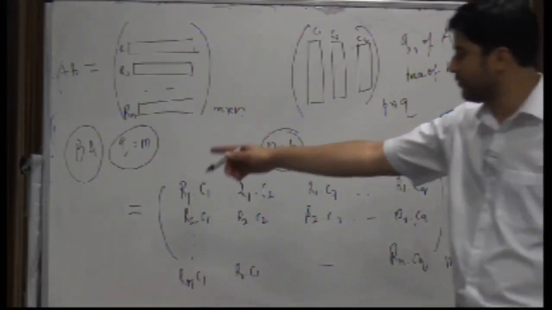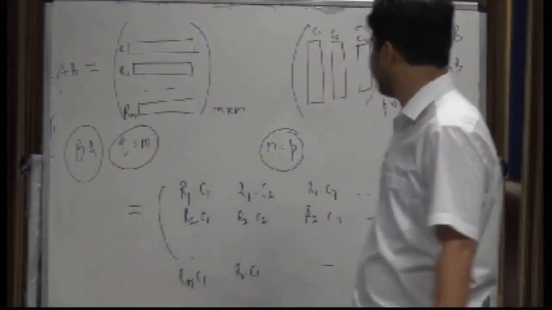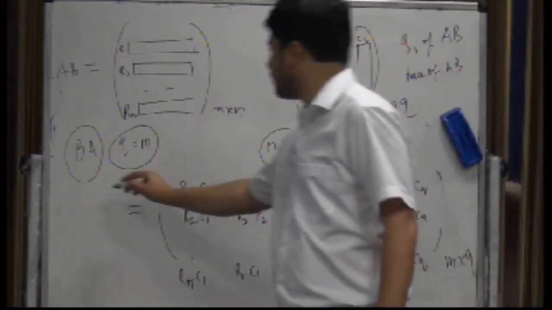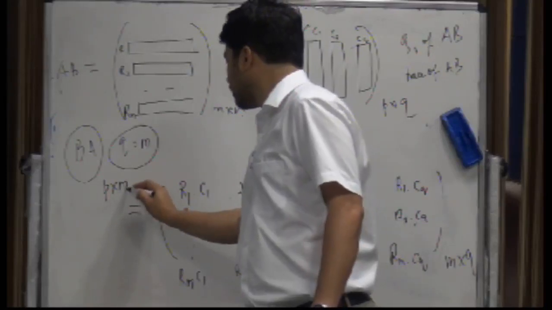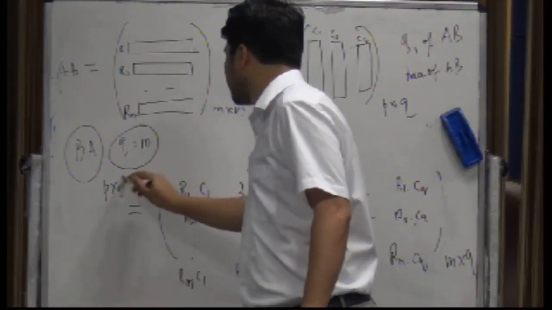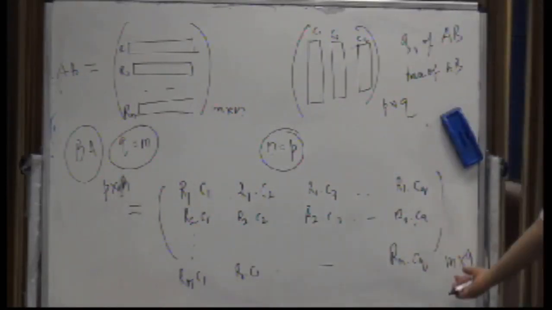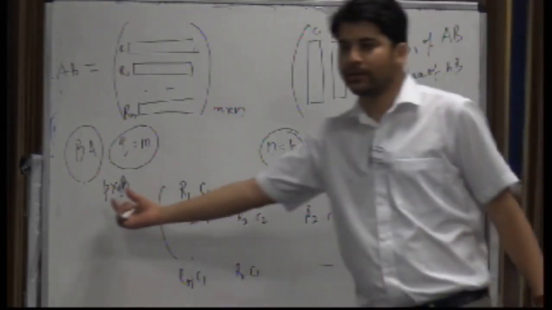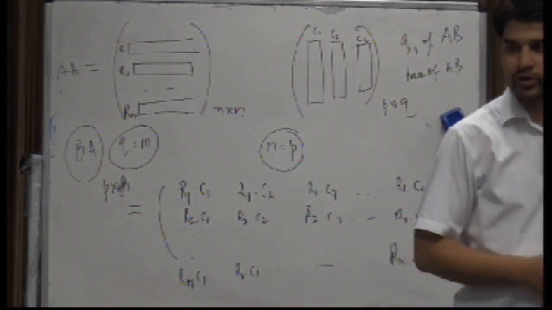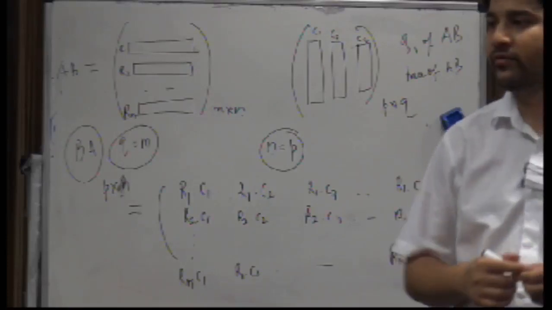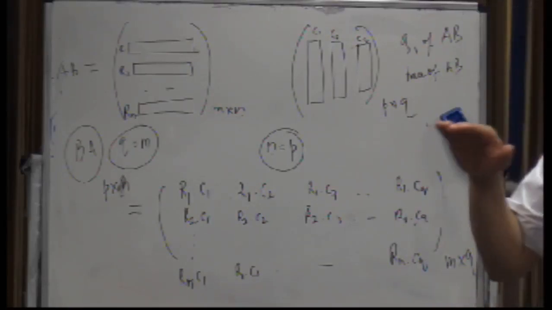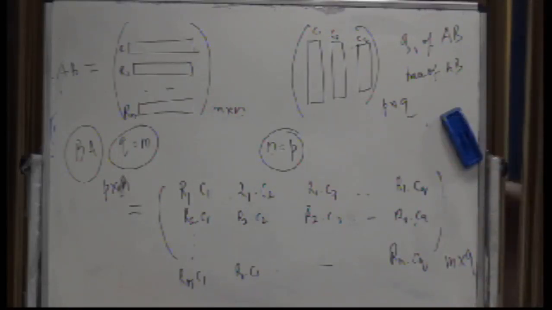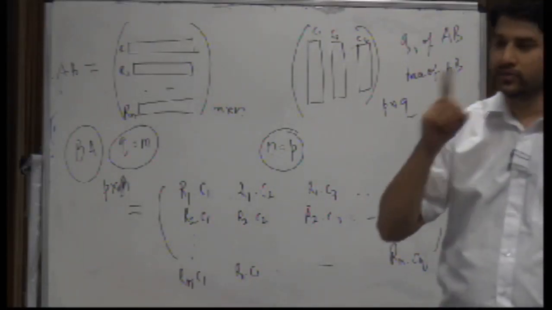And if Q is equal to M, what will be the order of BA? P into N. So you have the order M into Q and the order P into N. When are these two equal? Only when all four are equal. Then only BA and AB will have the same order.